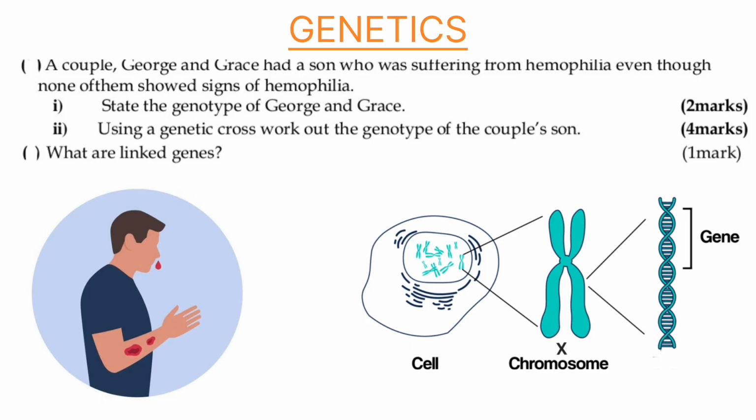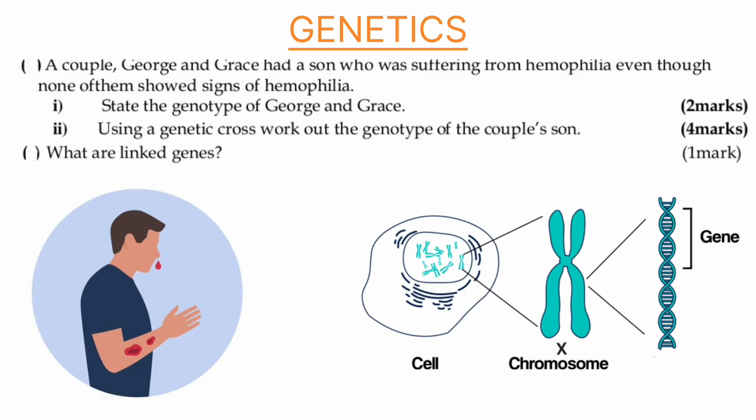So we know that females have 2 X chromosomes, which makes the genotype XX. Males have 1 X chromosome and 1 Y chromosome, making their genotypes XY. Now, the allele for normal clotting is dominant, while the allele for hemophilia is recessive.